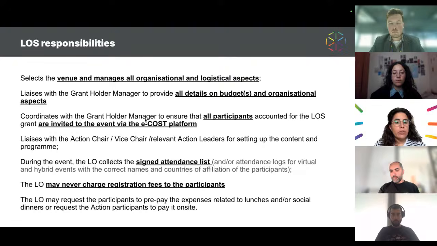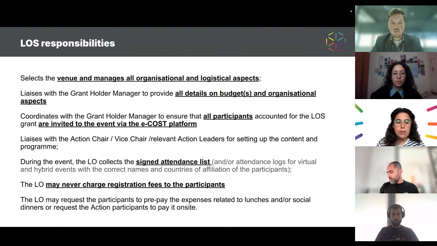The grant holder manager will ensure that all the participants that were selected to participate in that meeting are invited via the eCost platform. So imagine if you have a guest list of 15 participants, all of them should be invited officially through eCost. Otherwise, their participation is not accounted for.